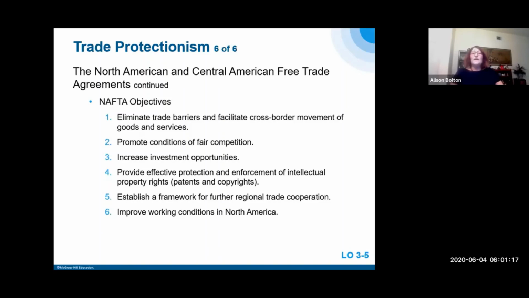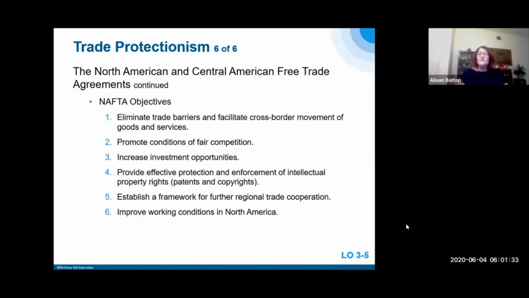So NAFTA eliminated trade barriers and facilitates cross-border movement of goods and services, as I mentioned, and helps promote conditions of fair competition.